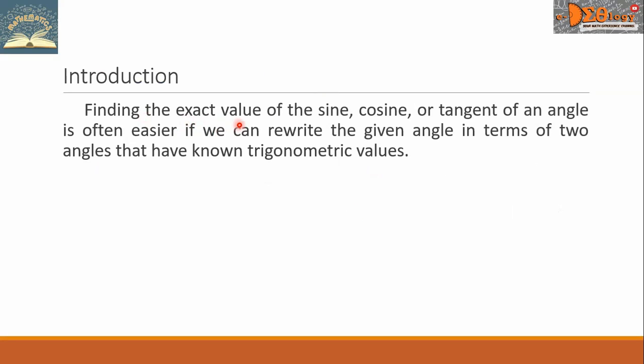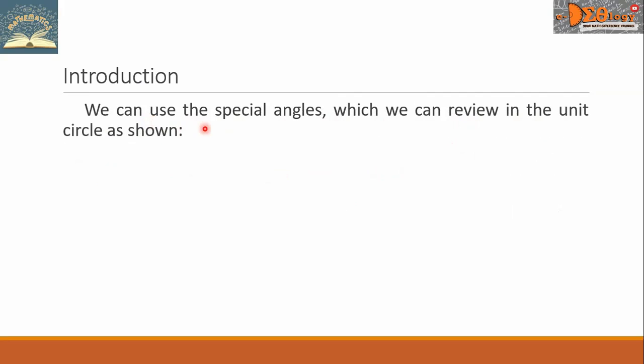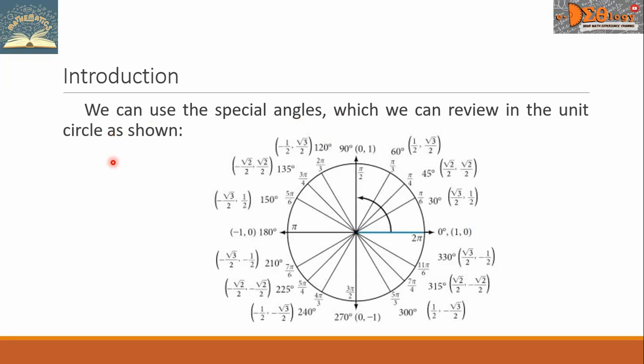Finding the exact value of the sine, cosine, or tangent of an angle is often easier if we can rewrite the given angle in terms of two angles that have known trigonometric values. We can use the special angles, which we can review in the unit circle as shown.